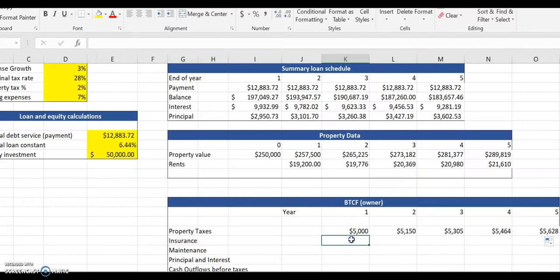Okay, moving on to our insurance. What we'll do is take our given for the first year, which is 1,000. Okay, now for our second, it will be equal to this times 1 plus our growth rate.